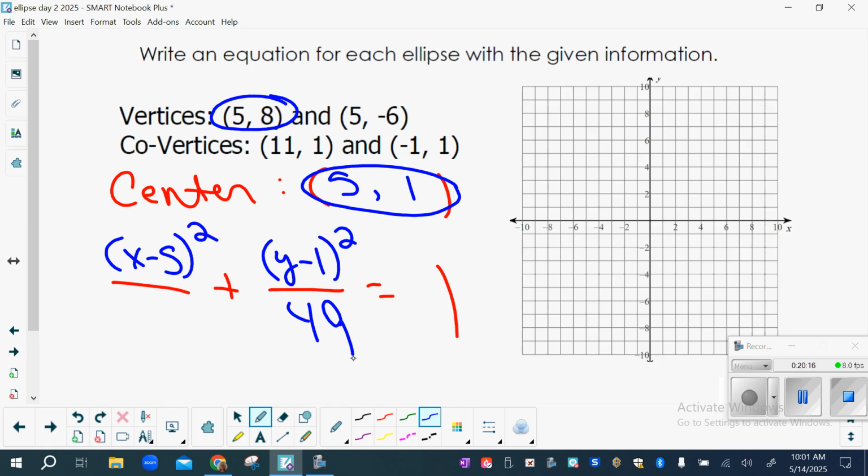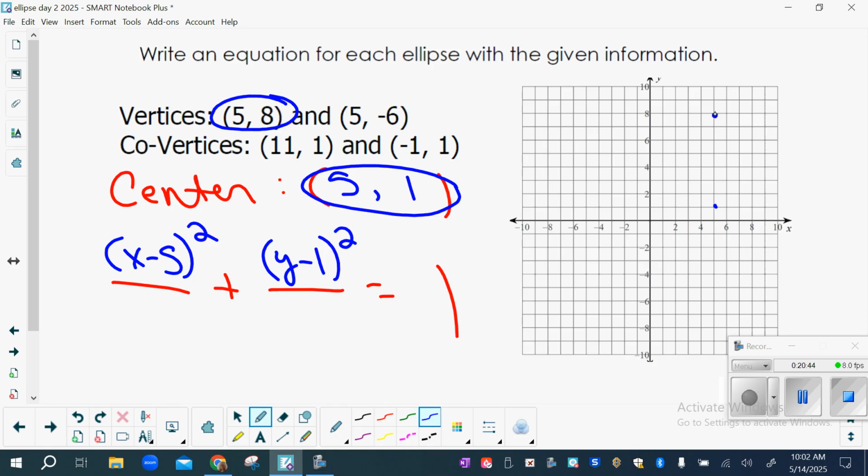I'm pretty sure it's on my Y-axis. Is it on my X-axis? Are you sure? Oh, you just did 5, right? X minus 5? Yeah, it'd be on your X-axis. Okay, it's 5, 1, and 5, 8.